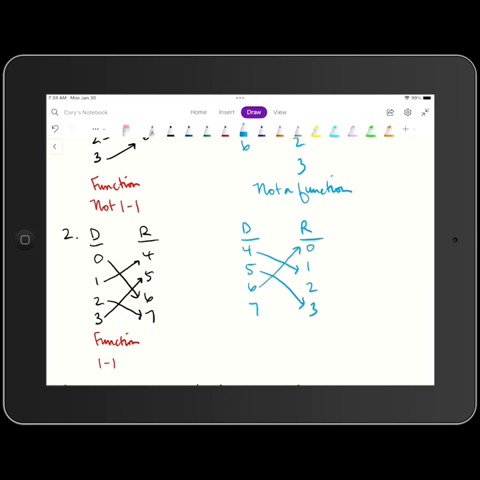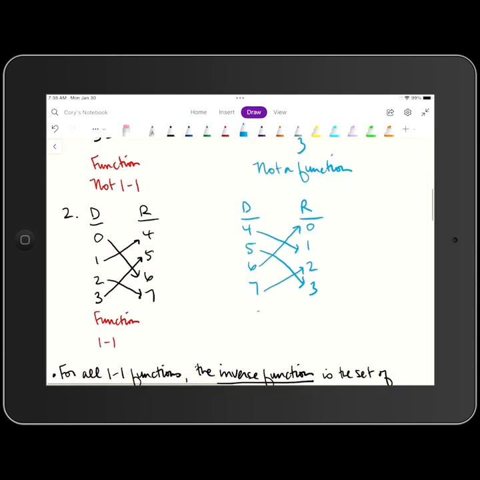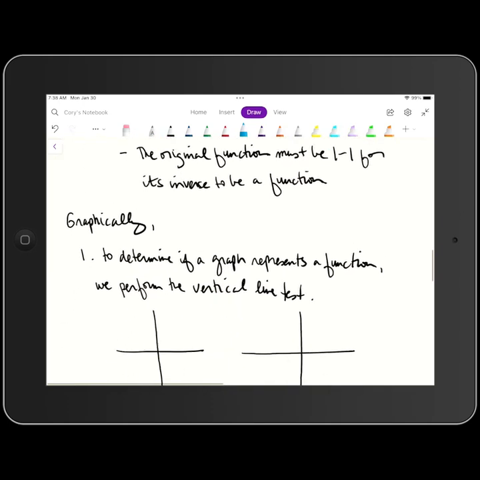And 7 is going to get sent to 2. And we have each domain value only going to one range value. So this here is going to be a function. Okay, so again, the original function must be 1-to-1 in order for the inverse to be a function.